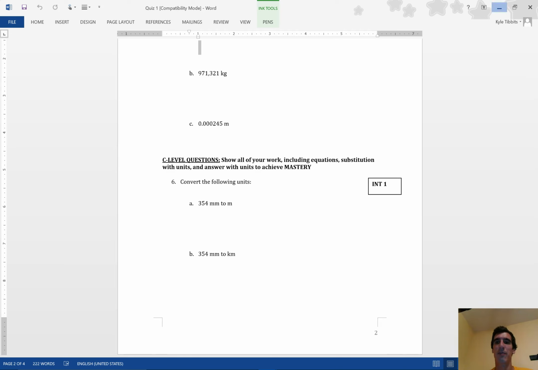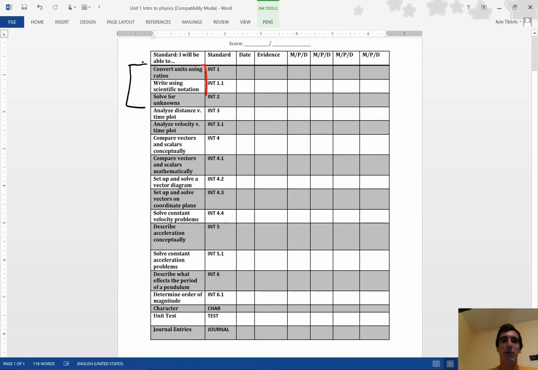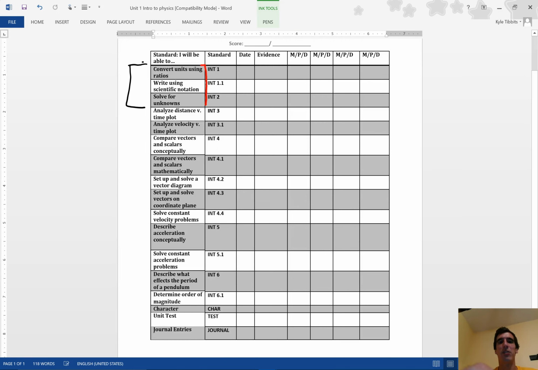So then on day 2, so this would be Tuesday, I would then add more standards. So I'm still going to do the first 3, and I will add some more. Now these standards aren't in order from what we learned, so let's fix that. The next thing we did were vectors and scalars conceptually and vector diagrams. So I'll do the first 3 and the next 4 on day 2. And then day 3, we looked at motion graphs.